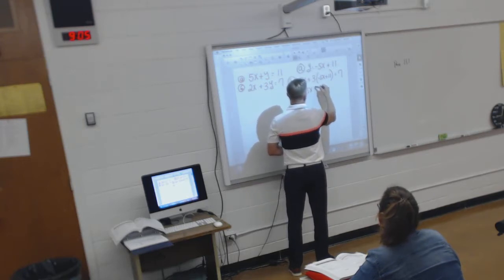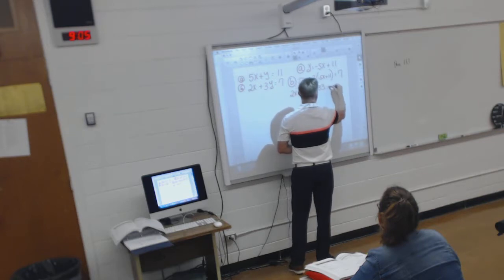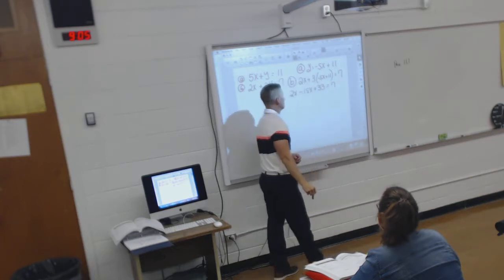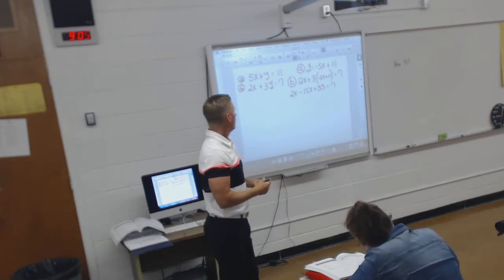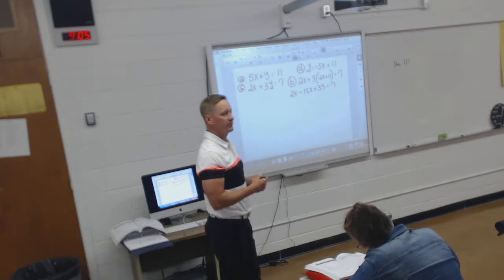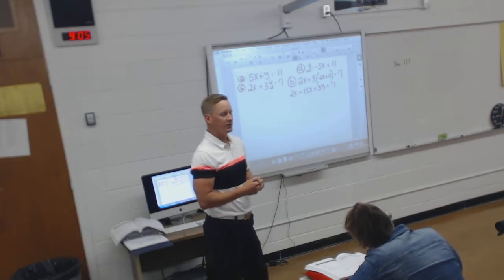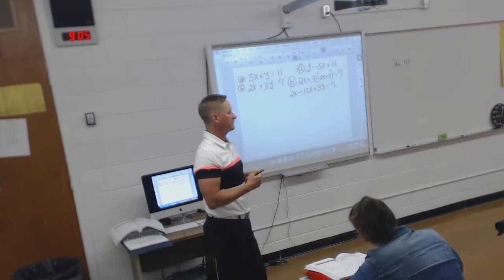Minus 15x plus 33 equals 7. So far so good. I multiplied 3 through the brackets. 3 times minus 5x, 3 times 11. We okay so far? So what do you suggest I do next?